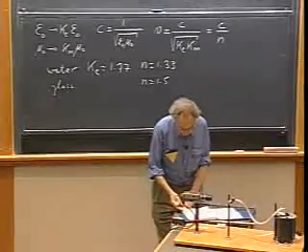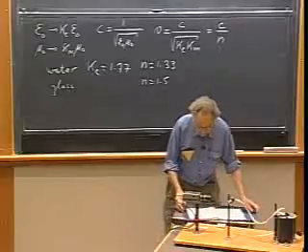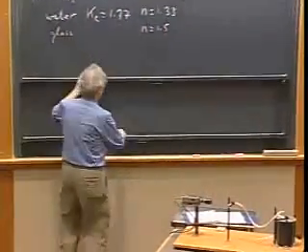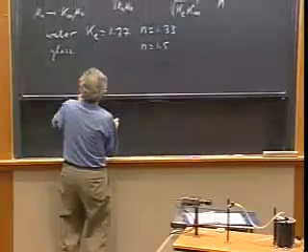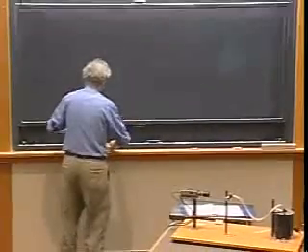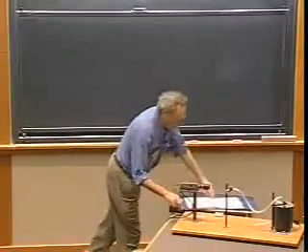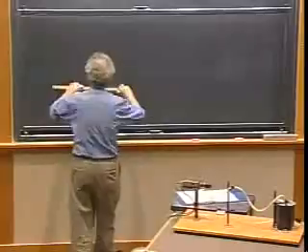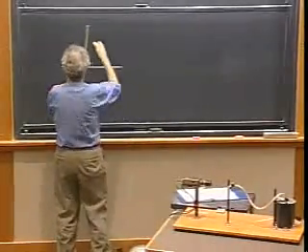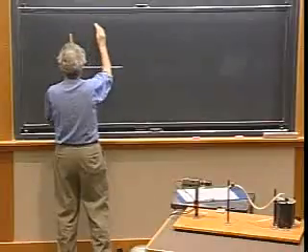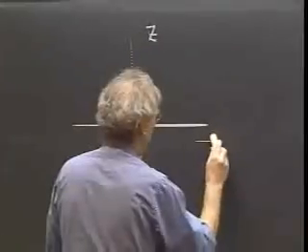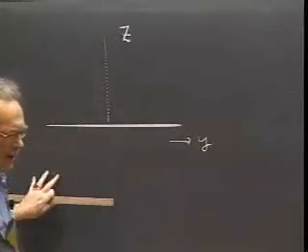So now I would like to take a look at the boundary condition of a dielectric from one medium to another medium. And so here we have this boundary. Let this be the direction which I call the z-axis, and let this be the direction which I call the y-axis.